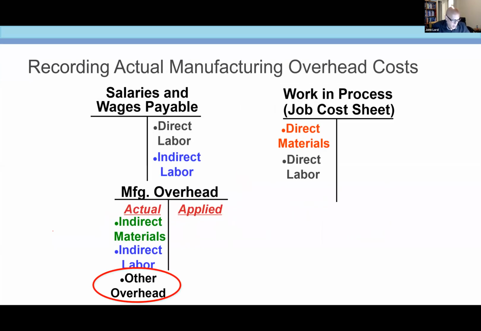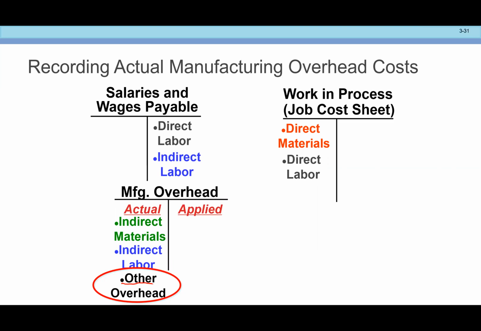Okay, good. Now we have what? We have our indirect materials. We have our indirect labor. We saw how those got here. But now we have the others. So what are the others? Utilities, depreciation, rent on the factory building.